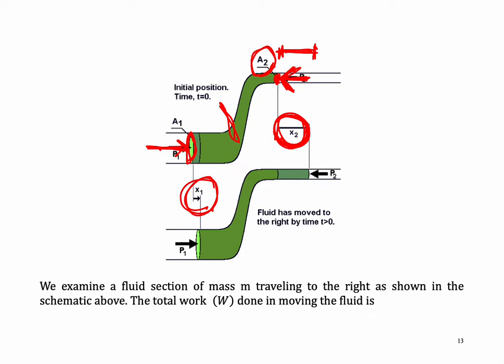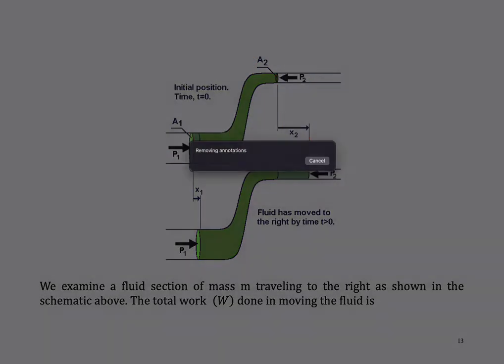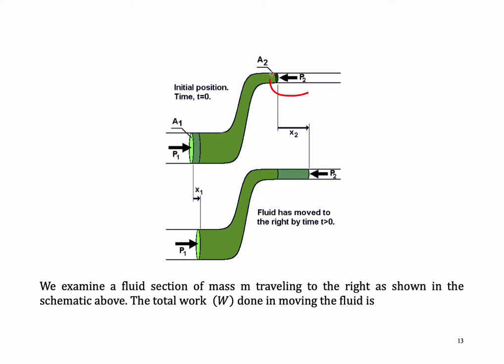So your free body diagram can be written like this one. We have pressure 2 pushing the surface from right to the left, and pressure 1 here pushing the surface from left to the right. We examine a fluid section of mass M traveling to the right as shown in the schematic above.